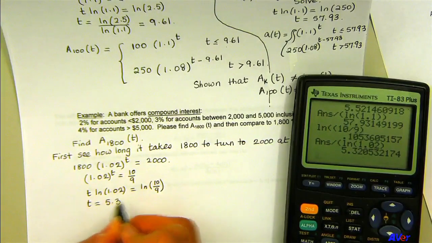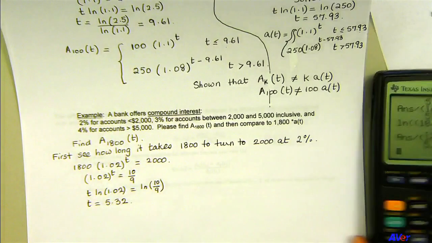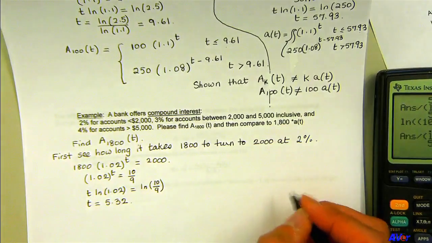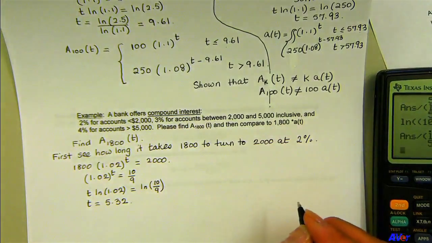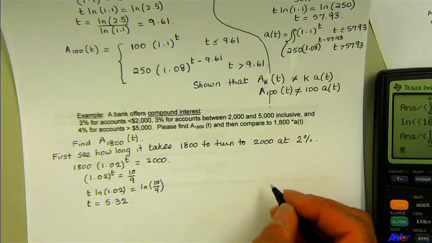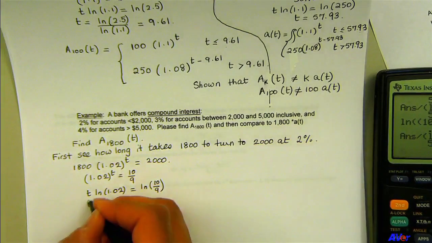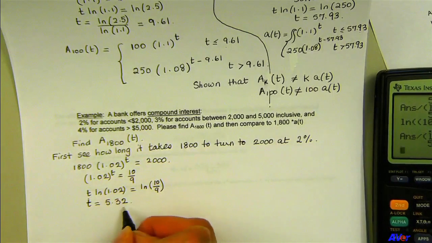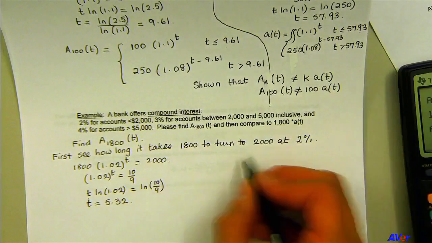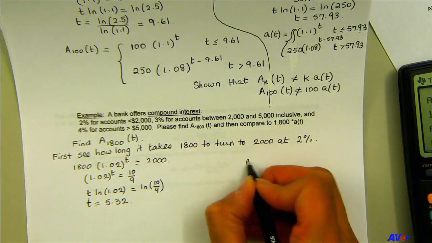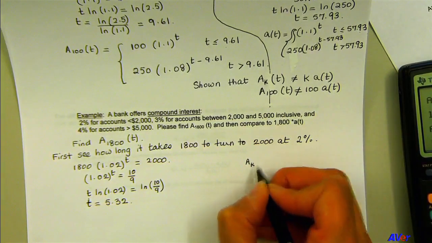Great. So, what's the function? Or what should I do next? Leave the function alone. What should I do next? I know that it takes me 5.32 years to hit 2000. So I can start building the function if you want to do that. A, what's my k? 1800.